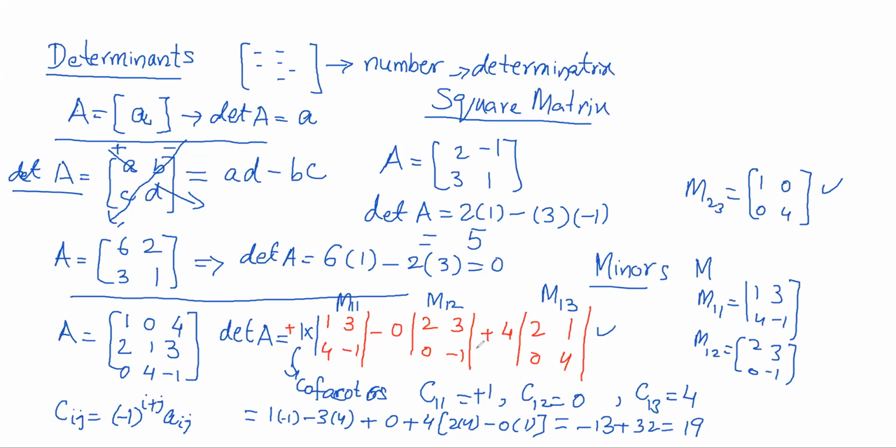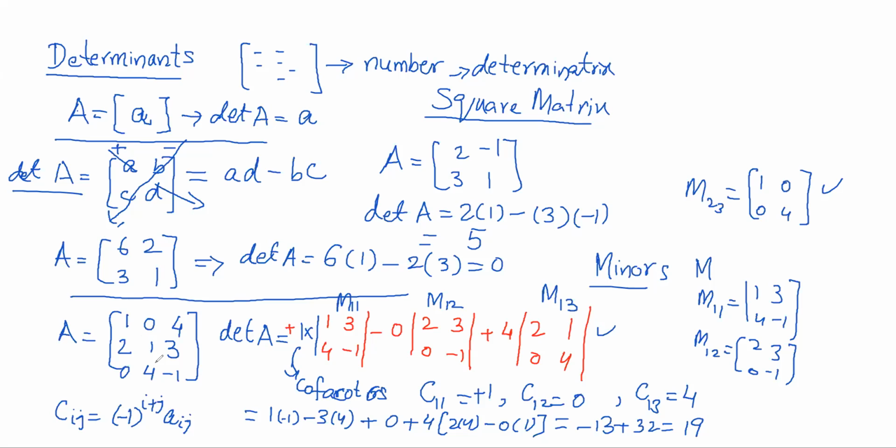This formula of cofactor, we are using it under this determinant, the sign. Yes, it actually tells you how you can determine the sign of the cofactor. For example, if i plus j is an even number, the sign will be positive. If i plus j is an odd number, the sign will be negative.